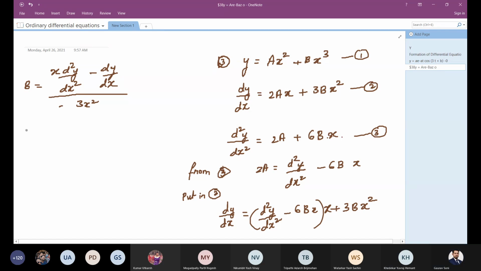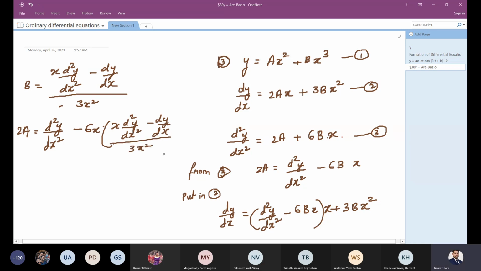So 2a is equal to d2y by dx square minus 6x, in bracket the value of b, x into d2y by dx square minus dy by dx upon 3x square.